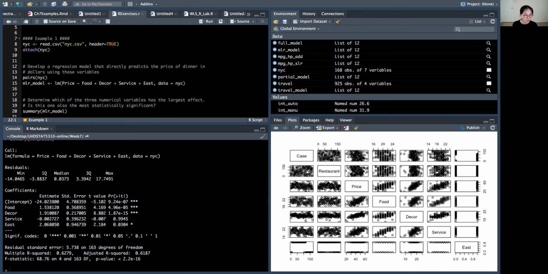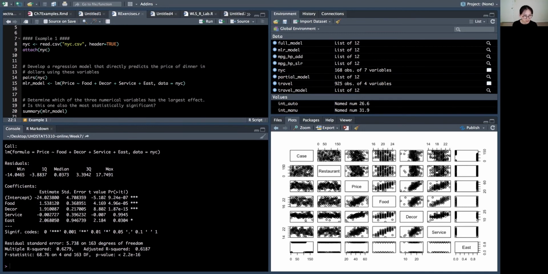So now, again, it's similar to before, but we have more than one predictor now, right? We have food, decor, service, east, and don't forget we also have this intercept.